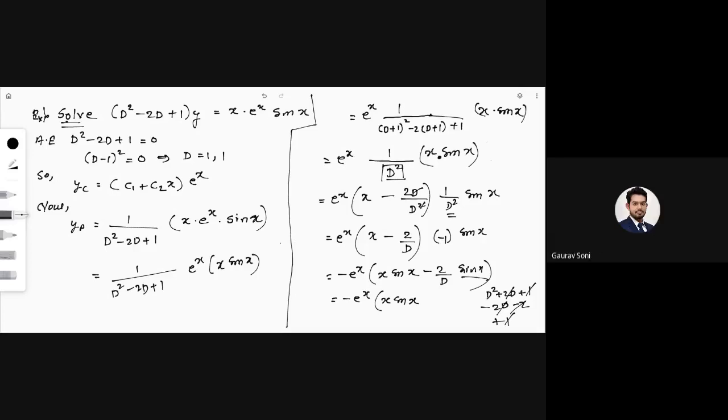That will be minus cos x, so this will become minus plus 2 cos x. This is your yp. So the solution will be y is equal to yc plus yp. Y is equal to yc plus yp will be our final solution. Fine. So that's the end of the shortcut method.